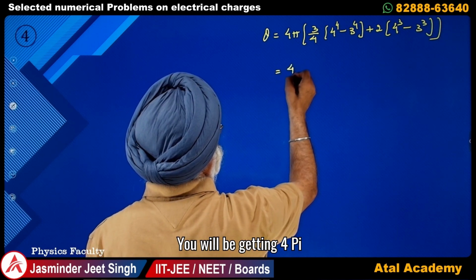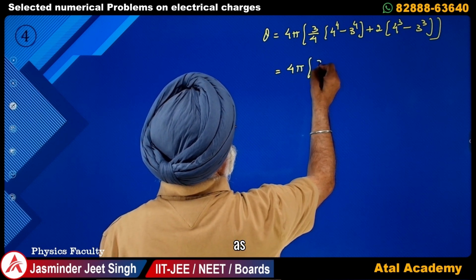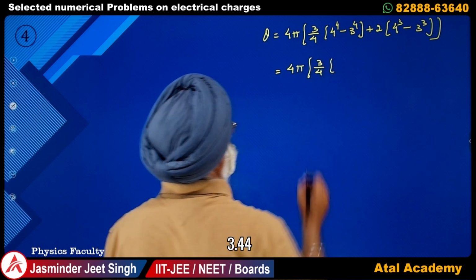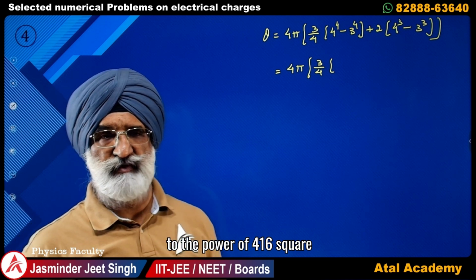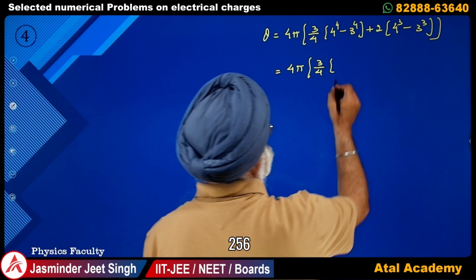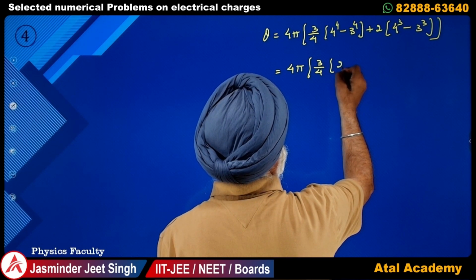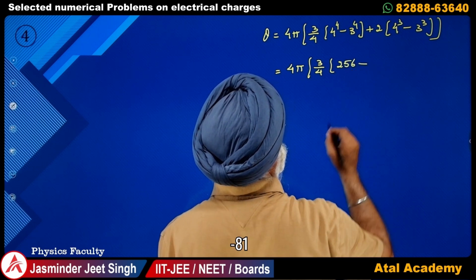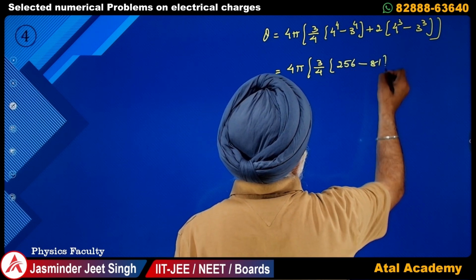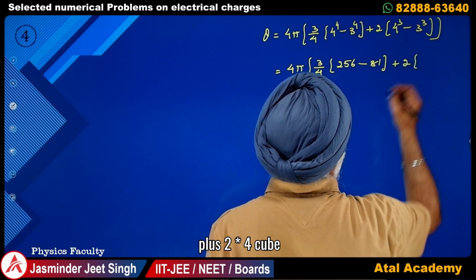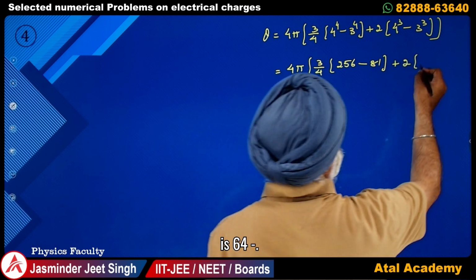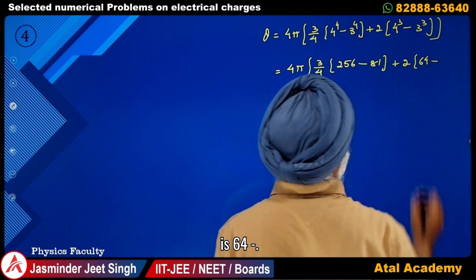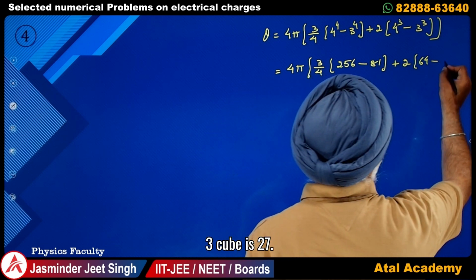We get 4 pi, 3 upon 4, 4 to the power of 4, 16 squared is 256, minus 81, plus 2 times 4 cube is 64 minus 3 cube is 27.